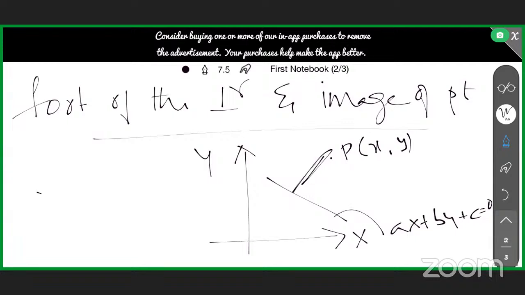This is the line, and this is the point. How to find the distance between them? That's the basic question. I don't want the formula of D is equal to and so on. Tell me what you will do to find the distance.